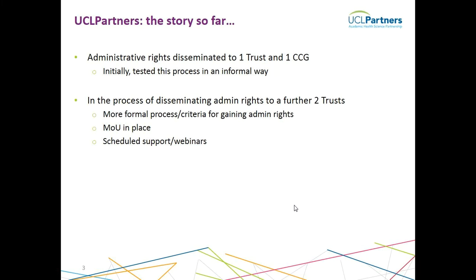Initially we wanted to test this out in a very informal way. The reason why we picked this trust and this CCG was, one, they showed a lot of interest. They were really engaged organizations, so they had been key players on our local user group for quite a while for us.